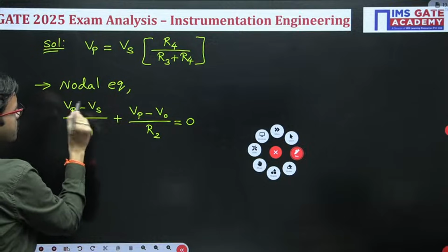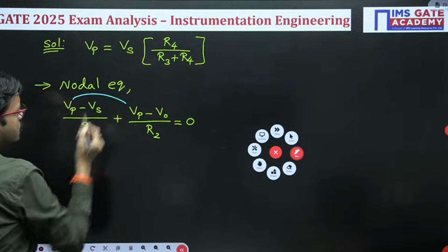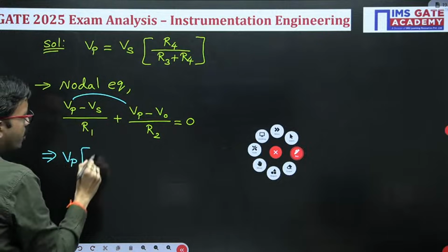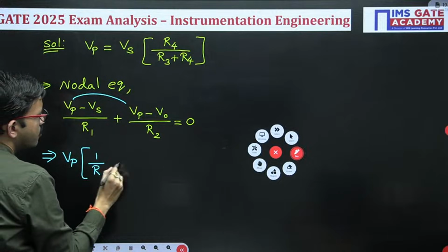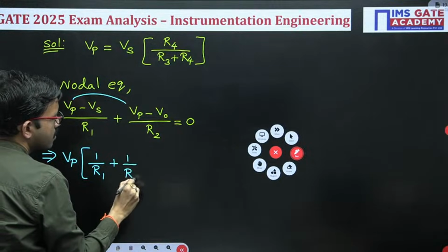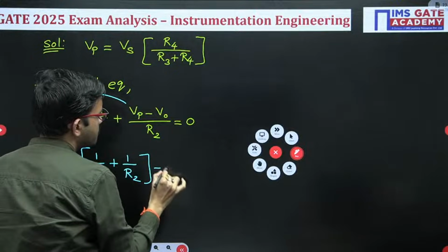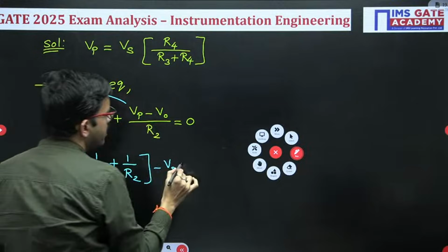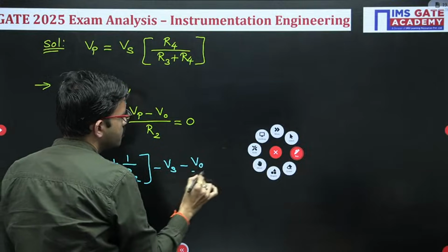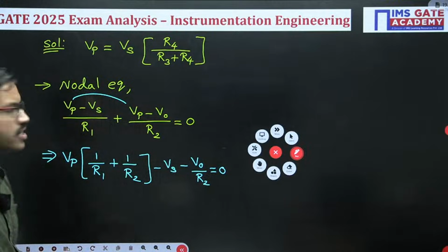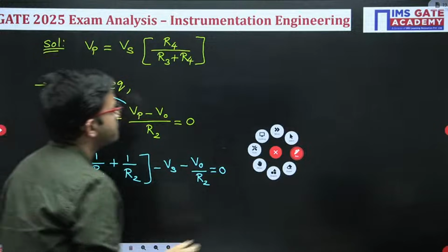Before that, from these two you can take Vp as common, then you get Vp times 1 by R1 plus 1 by R2, minus Vs by R1, and then minus V0 by R2 is equal to 0. Just rearrange this equation.